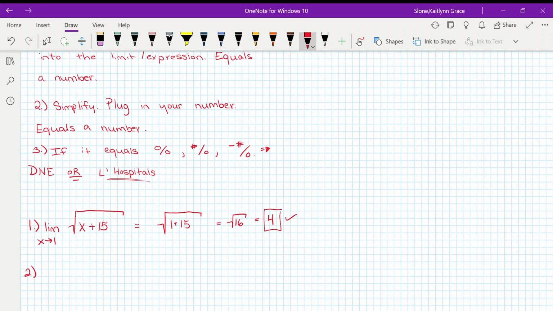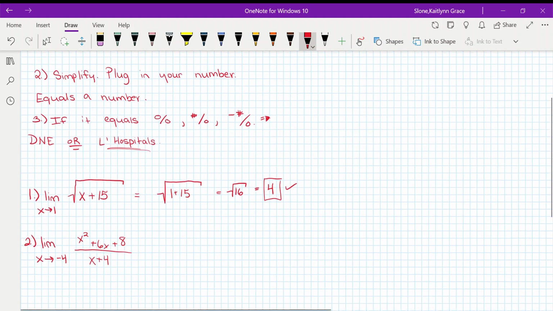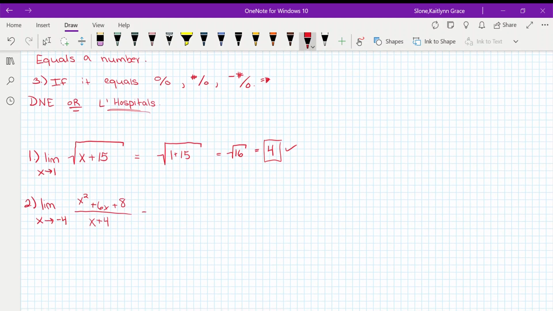Going on to example 2. We have the limit as x approaches negative 4 of x squared plus 6x plus 8 all over x plus 4. All right, that first step, let's plug in our number. So we're plugging in negative 4.